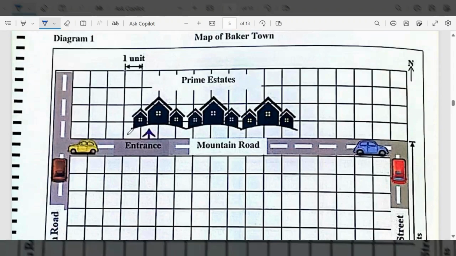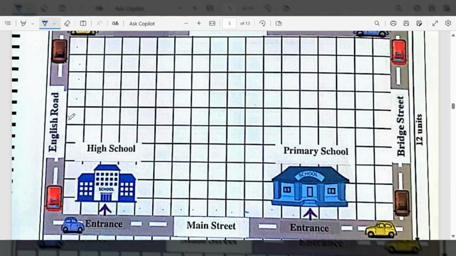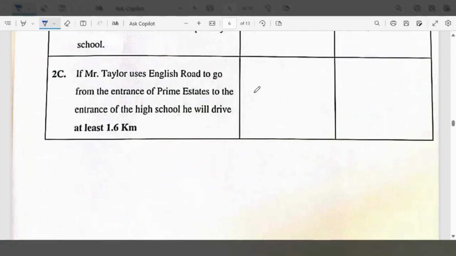Entrance of Prime Estate, 1, 2, 3, 4 along English Road, 5, 6, 7, 8, 9, 10, 11, 12, 13, 14, 15, and we have 16 here to the entrance. So therefore, he will drive at least 1.6 kilometers. So this is true.